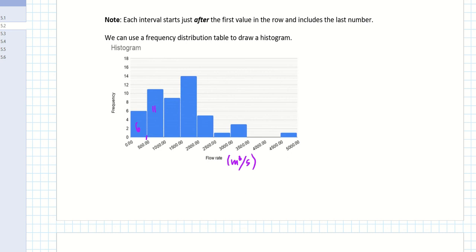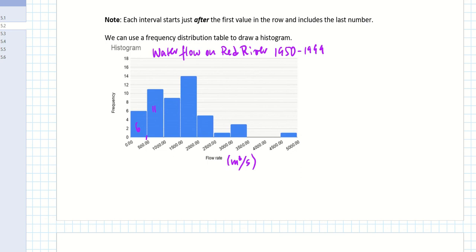And of course the title, in this case, the title should be water flow on the Red River between 1950 and 1999. So don't forget the title and your labels. So we have the title, we have our labels, frequency, and flow rate in cubic meters per second here.